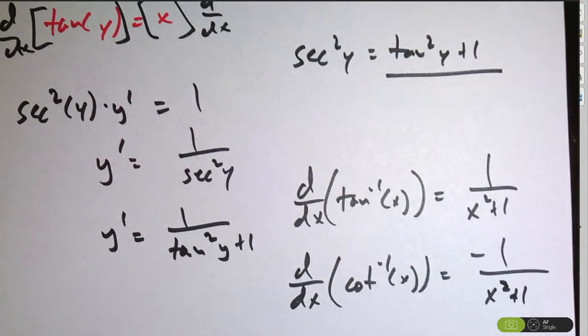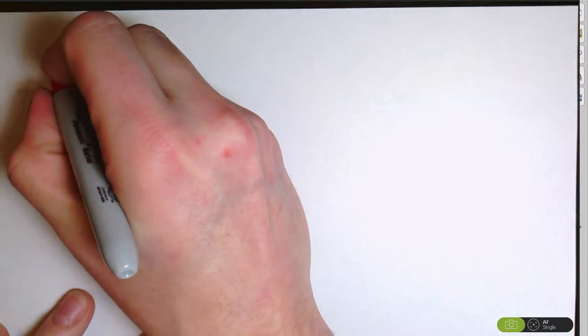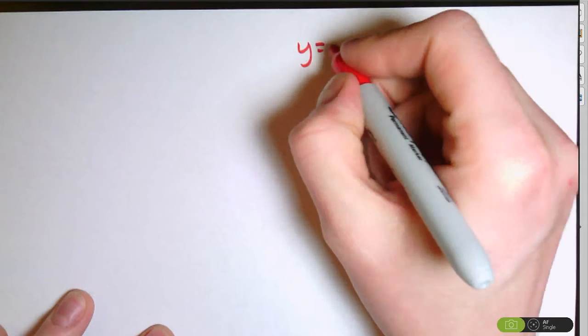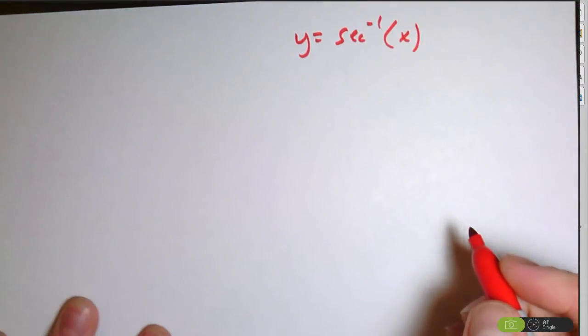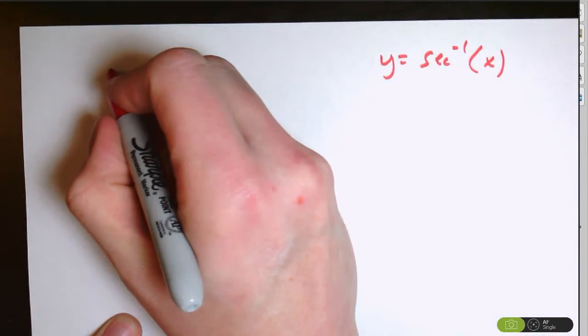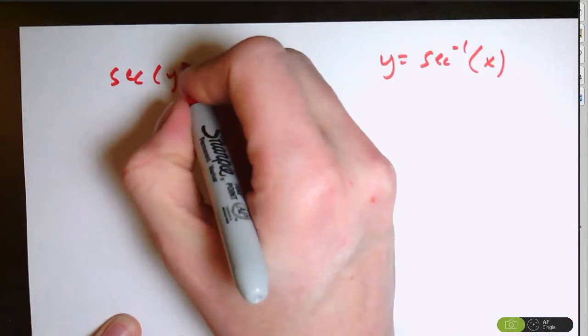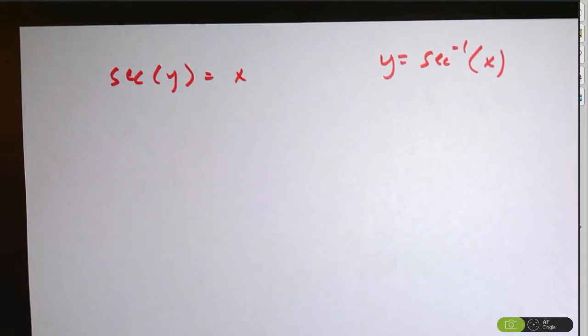Okay. And then our last couple to sort out are secant and cosecant. So again, if y equals inverse secant of x, we will define secant of y equals x. Okay.